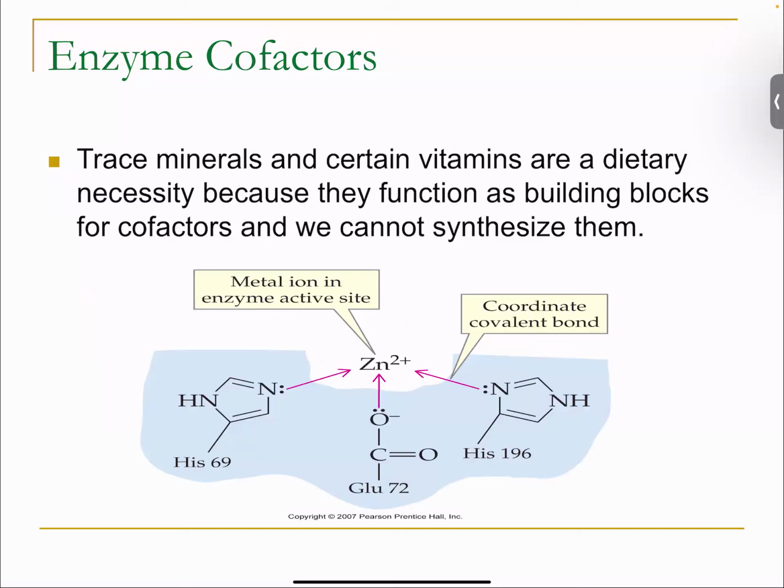And again, it helps in creating that active site. Perhaps these particular amino acids would not line up in this particular shape if the zinc 2+ wasn't there reacting with all these lone pairs on those side chains.